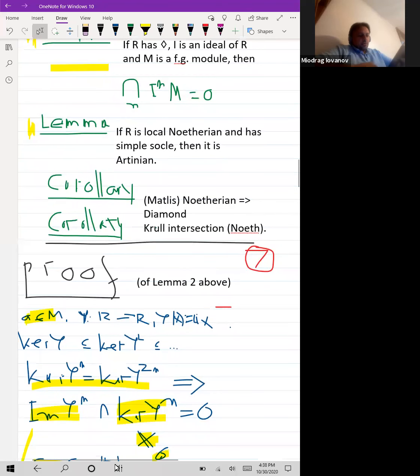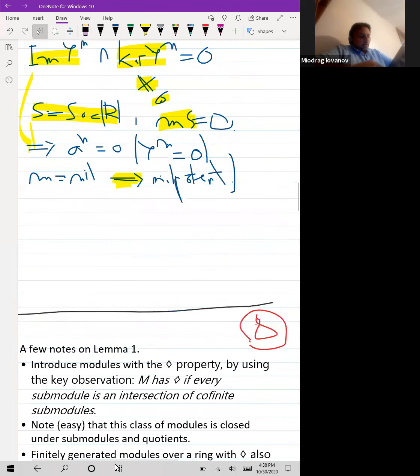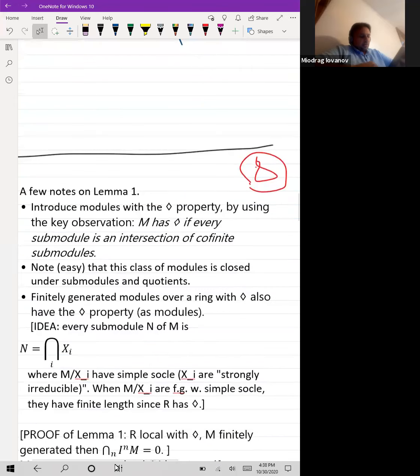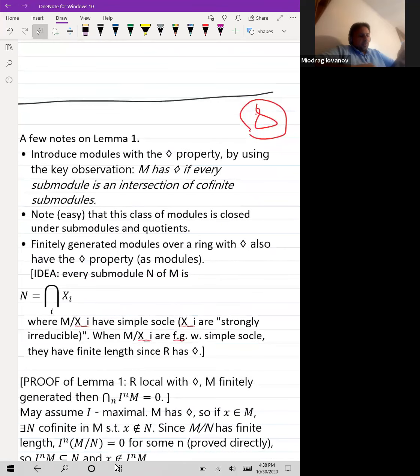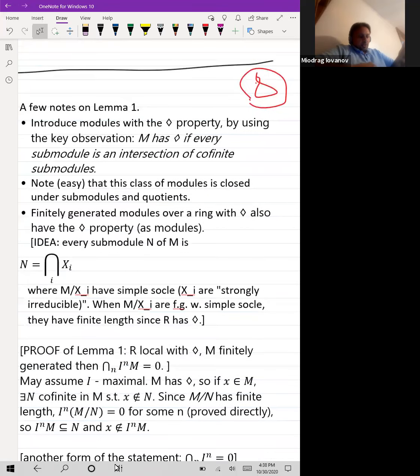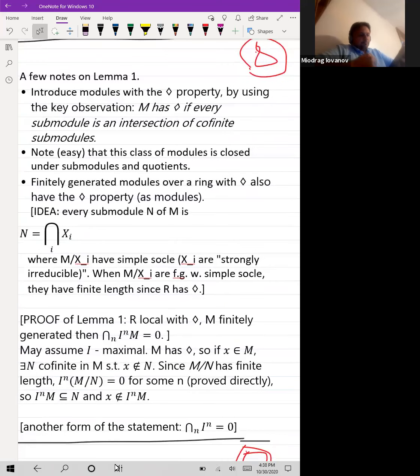So we do have a Krull intersection theorem for modules with the diamond property, and the way you would go about treating that is, as always, when you have a property for a ring, it's useful to look at modules and ask whether it has any meaning to have that property for a module. And it turns out to be useful, as usual.